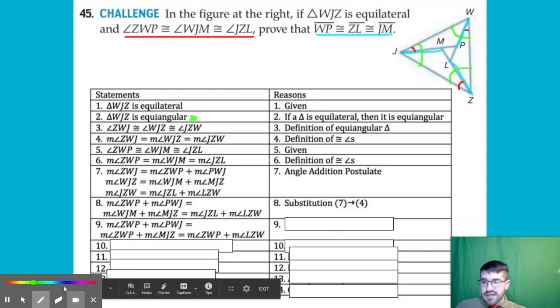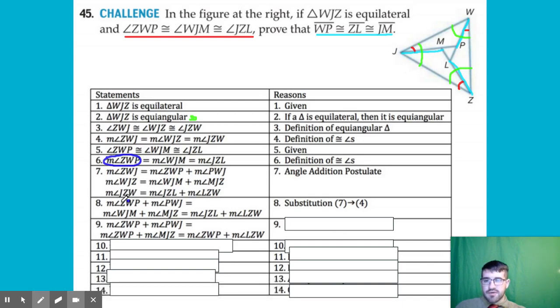I should probably highlight that, and I'll put that in blue. So we have the measure of ZWP here equals WJM and JZL. Well, here's our WJM, and here's our JZL. And we already have a ZWP here. So we're going to put in ZWP, ZWP, and ZWP in this.